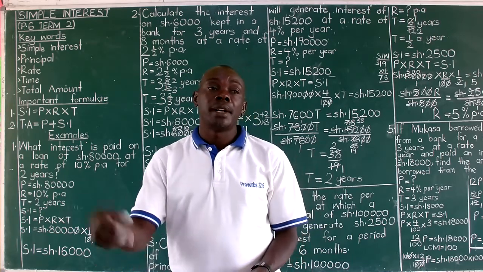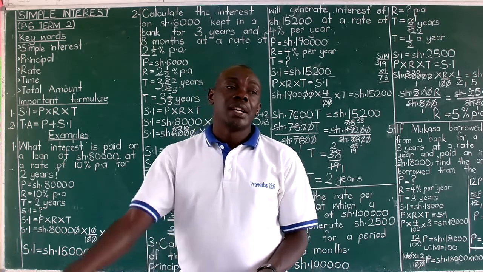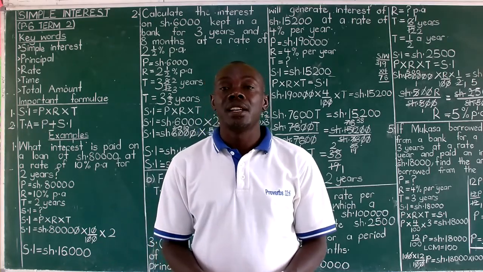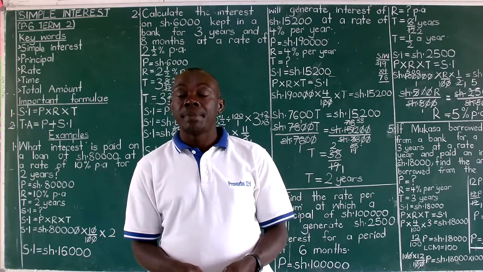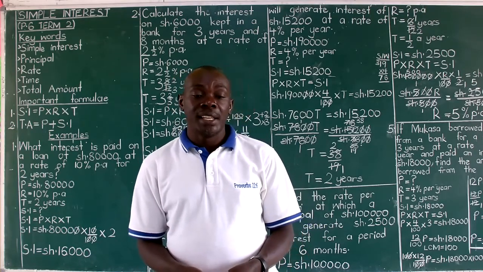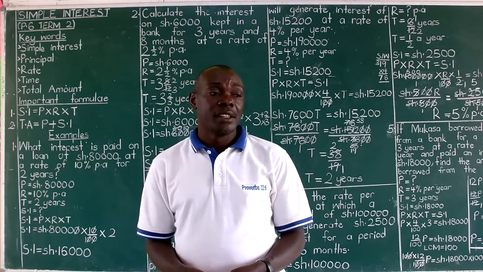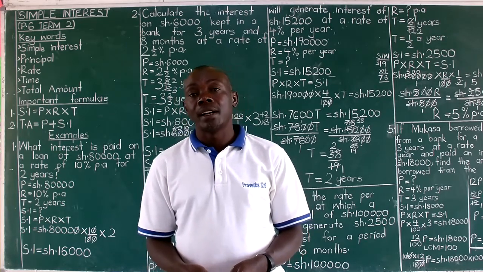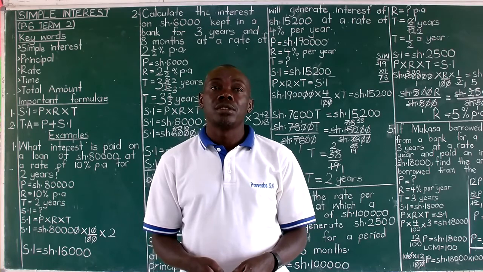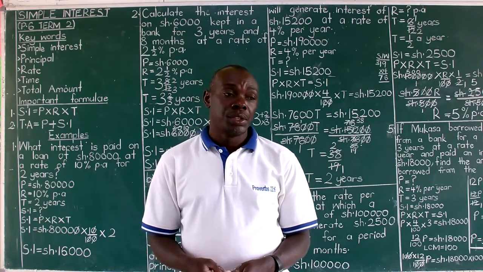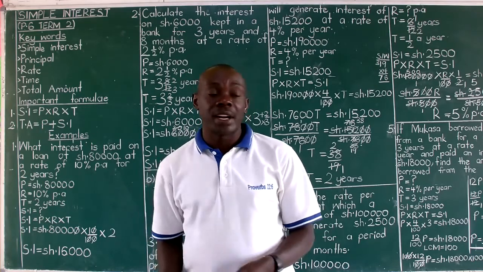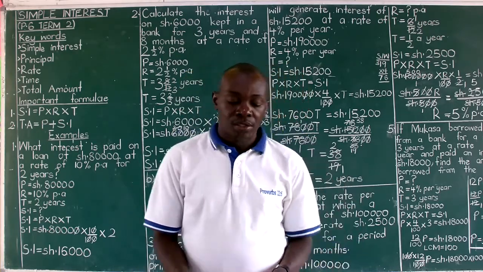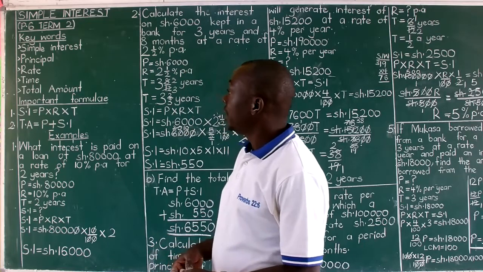Or the amount of money one has to return to the bank after that bank has extended a loan onto that very person after a specified period of time. So when you get a loan from the bank, you don't return only the money lent to you. You will add on some extra. That extra is called simple interest. So that is simple interest.